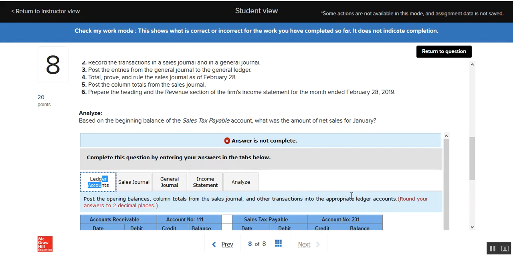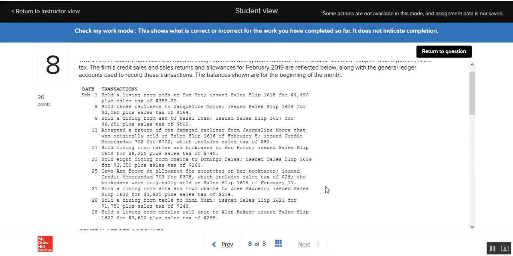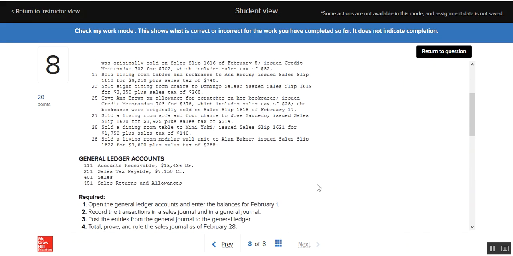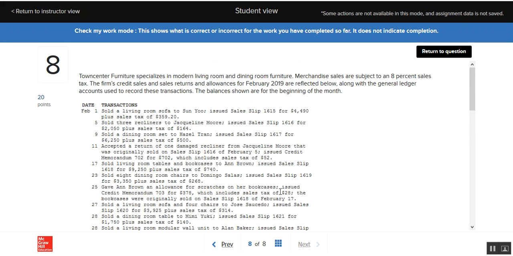And then the analyze part. Based on the beginning balance of the sales tax payable, what was the amount of net sales for January? So we are doing February. The beginning amount here for the sales tax payable was $7,150. So I believe it said that merchandise sales are subject to an 8% sales tax.